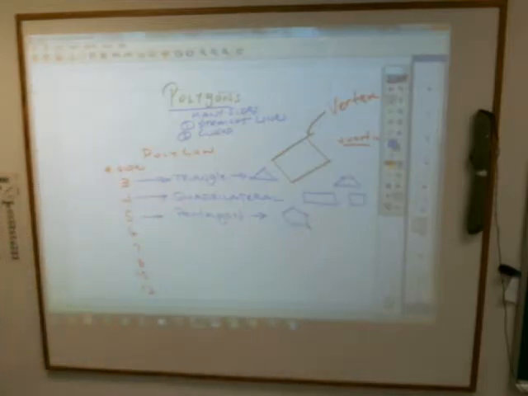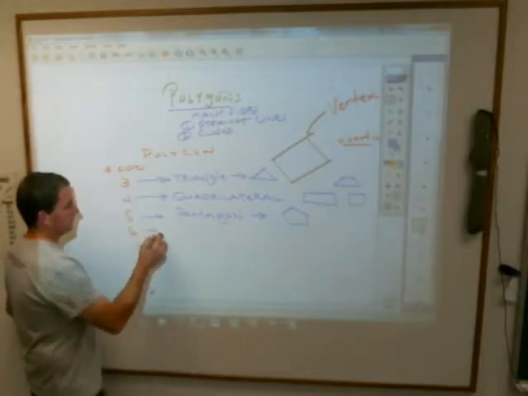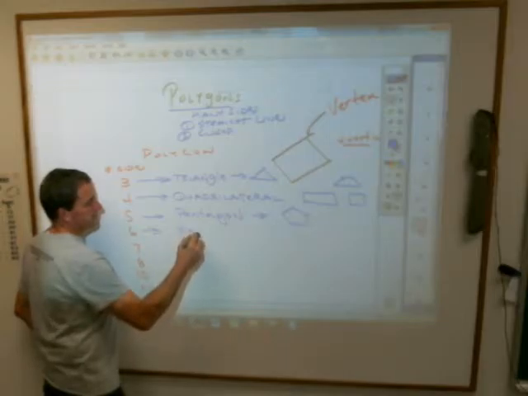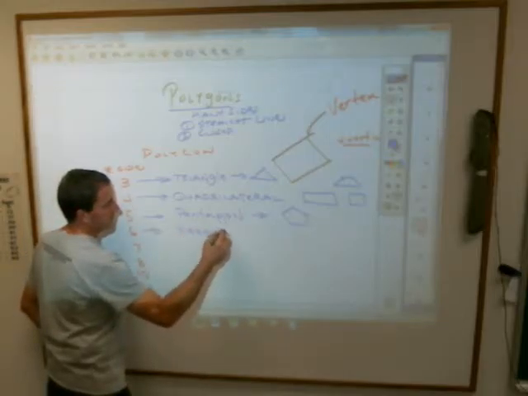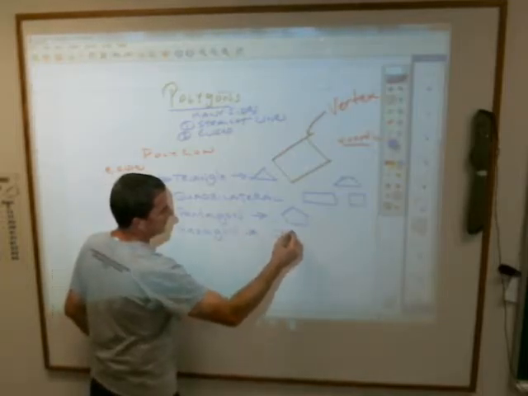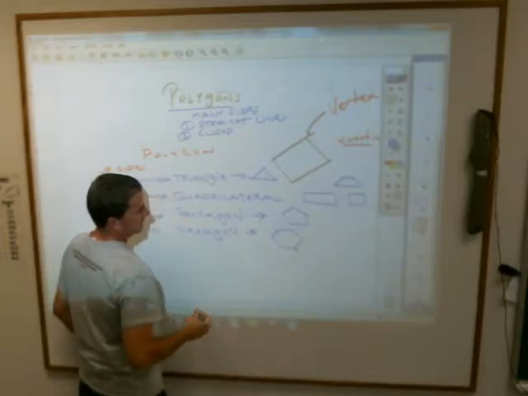Looks like a house if you do it. That's a lot of stuff. 6-sided shape, everybody? Great. A hexagon. Talk about that on Halloween. A hexagon. 1, 2, 3, 4, 5, 6.